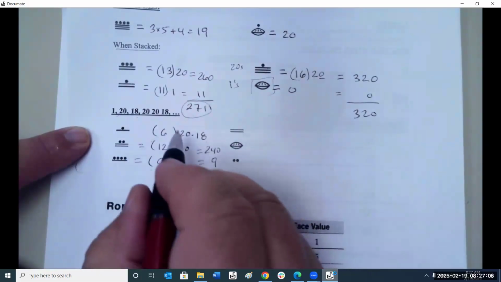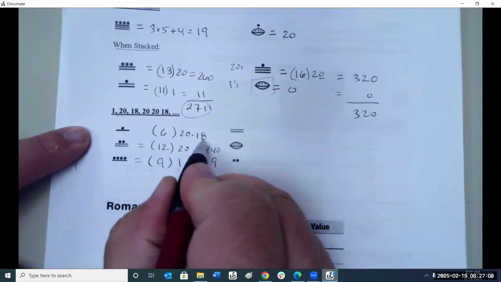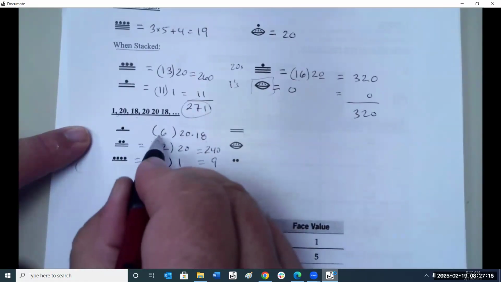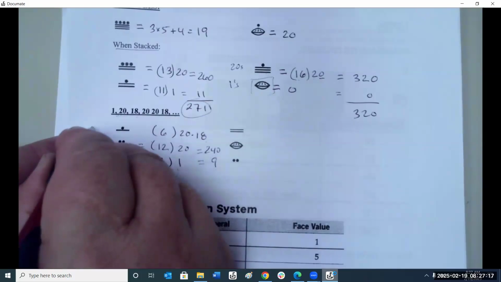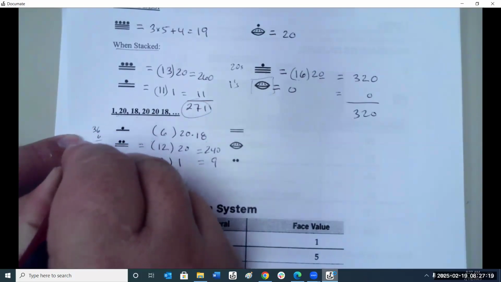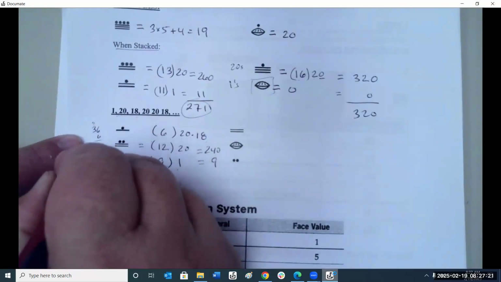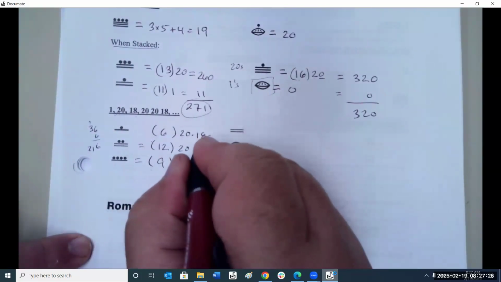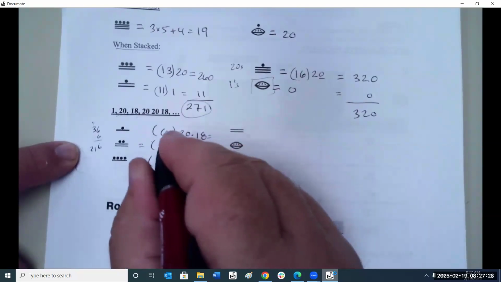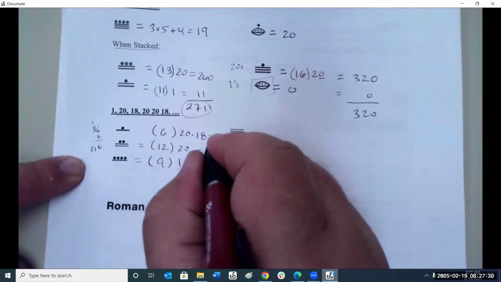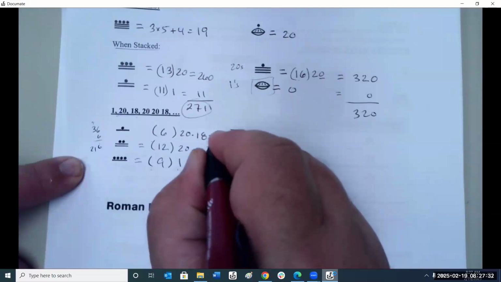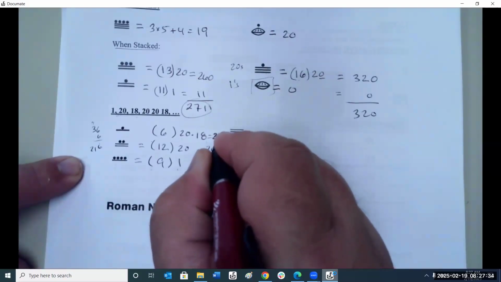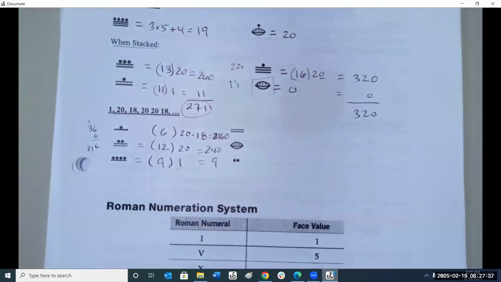So 20 times 18 is 360. 360 times 6 is 2160.